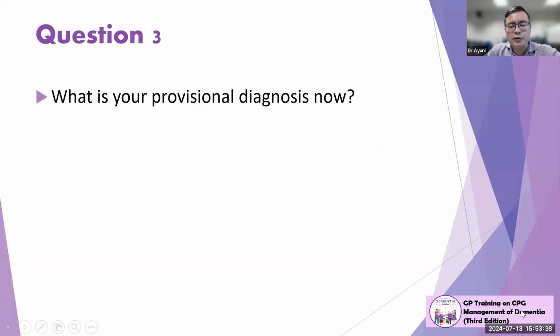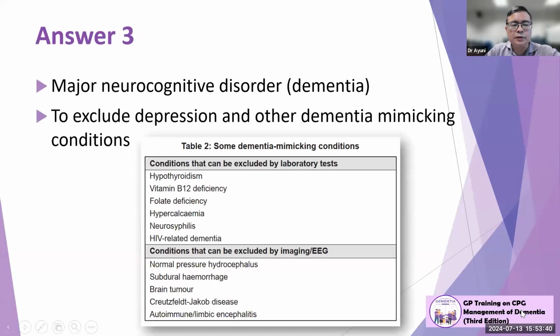Now what is your provisional diagnosis? So we put it down as dementia or major neurocognitive disorder. And we have to exclude other mental disorders or other dementia-mimicking conditions such as hypothyroidism, vitamin B12 deficiency.